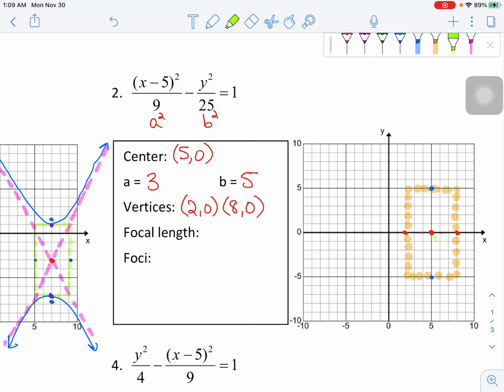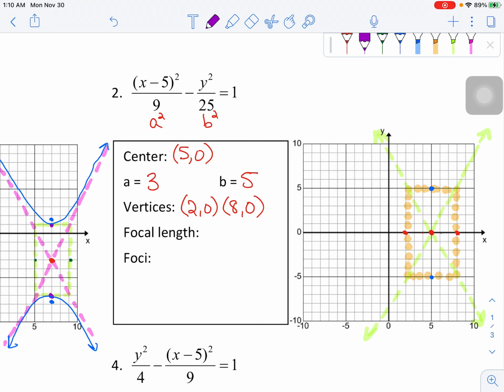This rectangular box is just used to help us make the diagonals. And those diagonals are then used to help us draw those asymptotes, which are used to help us draw the actual curves. Okay, so there we go.